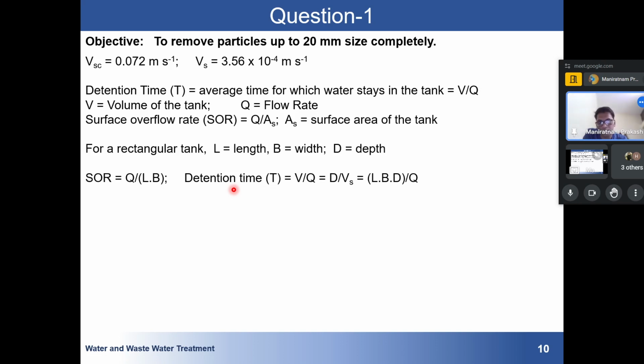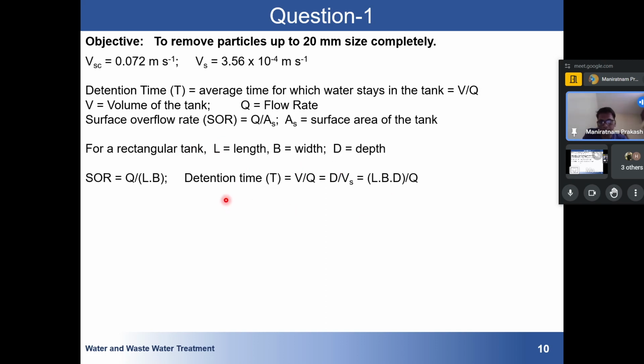These things are pre-fixed, since there have been several constructions of treatment plants, and all these things are predefined. The only thing you have to calculate is the length and breadth, depending upon the different conditions of your wastewater.